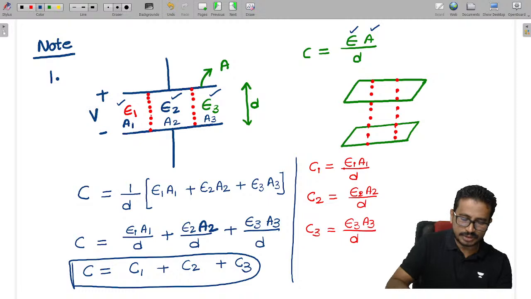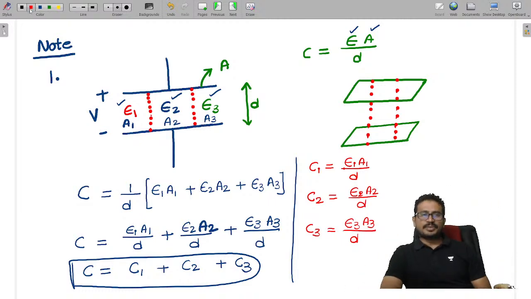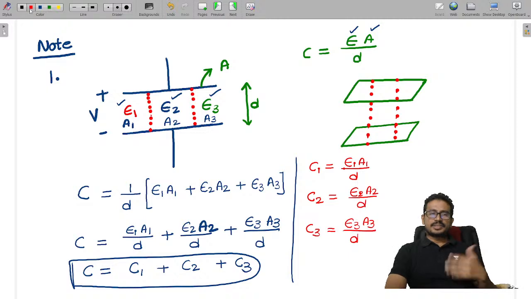This is my potential V. What is the potential difference across each capacitor? Same or different?